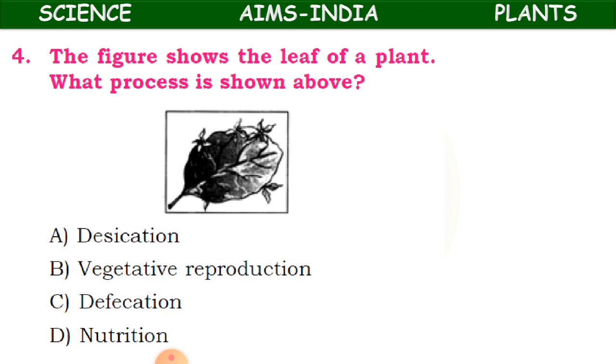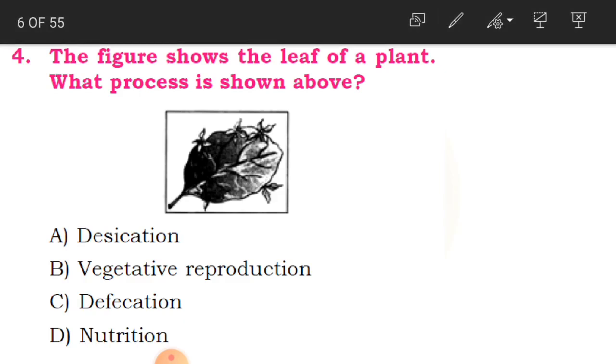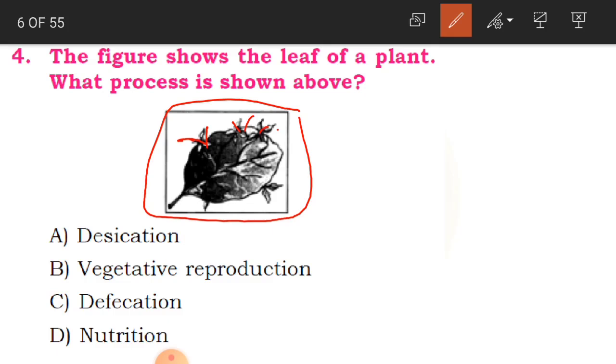The figure shows the leaf of a plant. What process is shown above? See here children, in the picture we have got a figure of a leaf. So what are you able to observe in this? You can see the new shoots coming out. Okay, type of roots forming here. So in the sense, what process is going on?